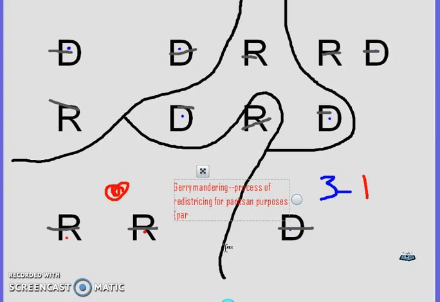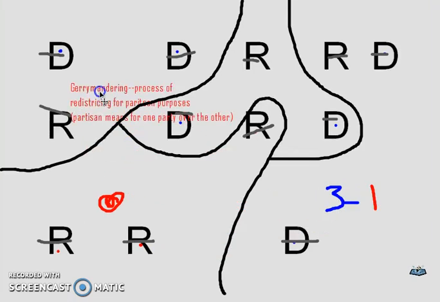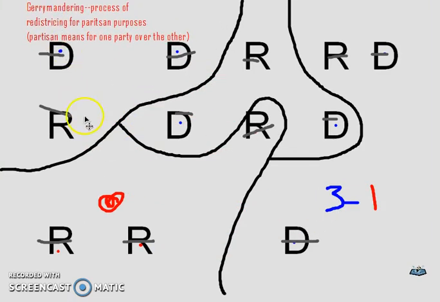And partisan means for one party over the other. So that's gerrymandering. It's a type of districting for partisan purposes.